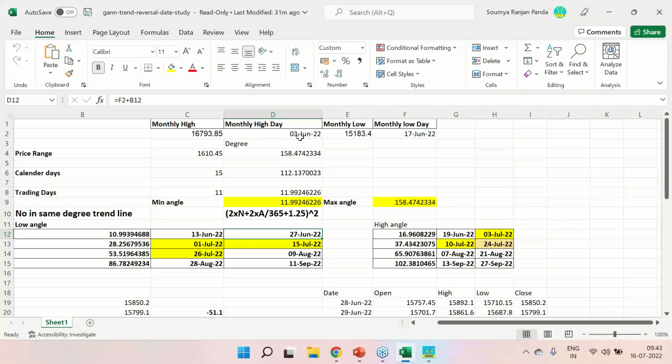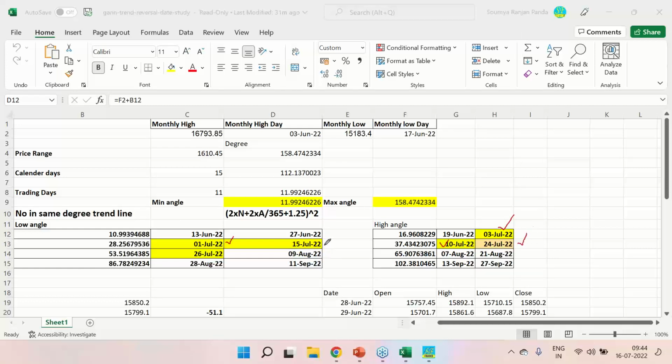Some days will fall in June, some in August, some in September, but I am more concerned about July. After all this calculation, I am getting 1st July, 3rd July, then 10th July. We can also go to 4th July, nothing wrong in that. It is rounding off the date calculation, so it gets rounded off to 3rd July. These are the days trend reversal will happen.